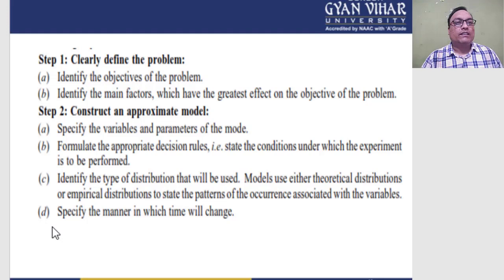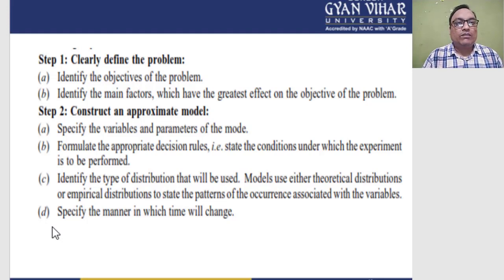So for step number 1, identify the objective of the problem and identify the main factors which have the greatest effect on the objective of the problem. And for constructing the appropriate model, specify the variables and parameters of the model.